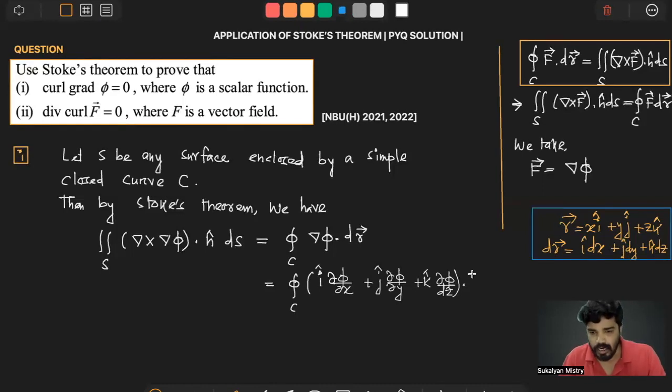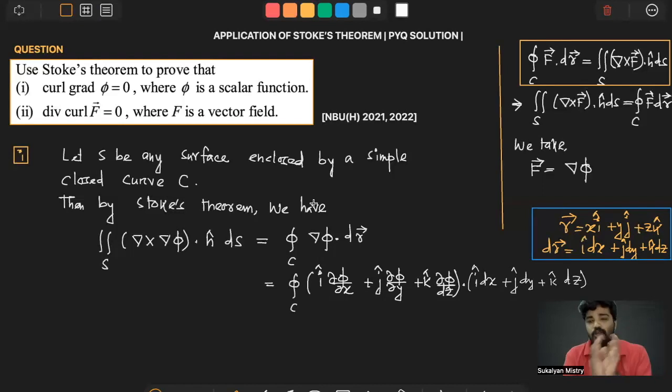So dr is i dx plus j dy plus k dz. Now you know that i dot i is 1, i dot j is 0, i dot k is 0. So what is this?